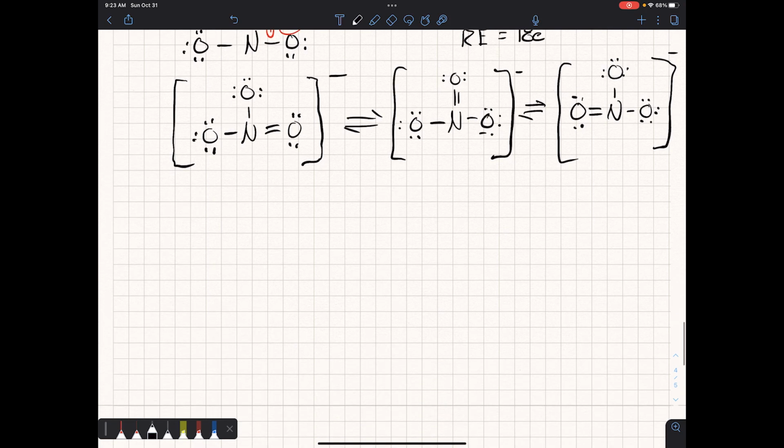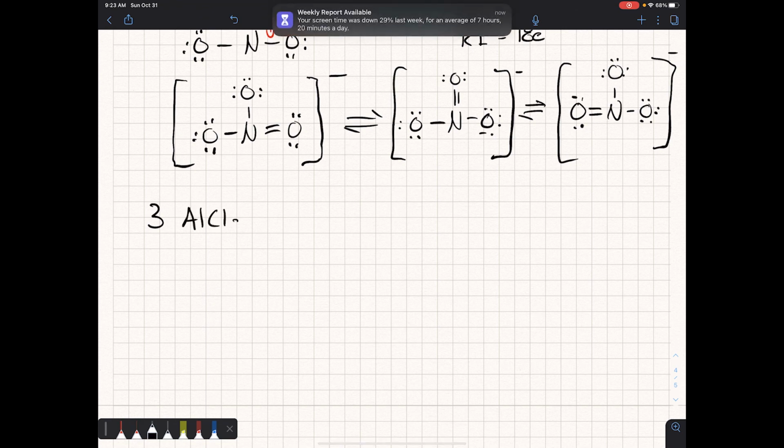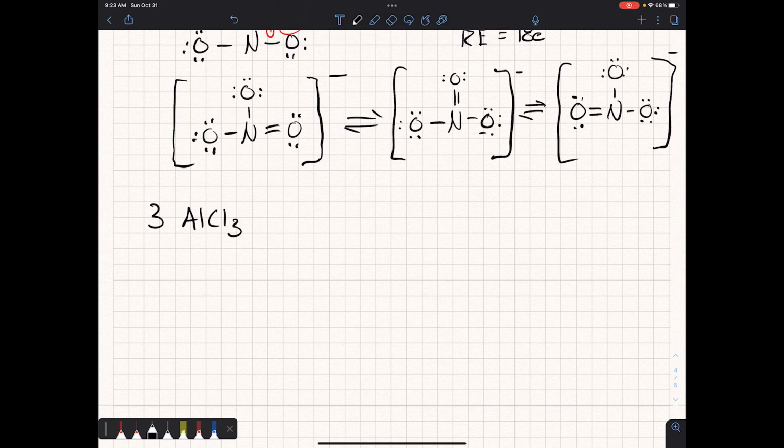Okay, moving on here. For 3, we have AlCl3. So take a minute, take a look at this, and what kind of bonds are we forming here? And how do you know that? I would pause and try to think through that.